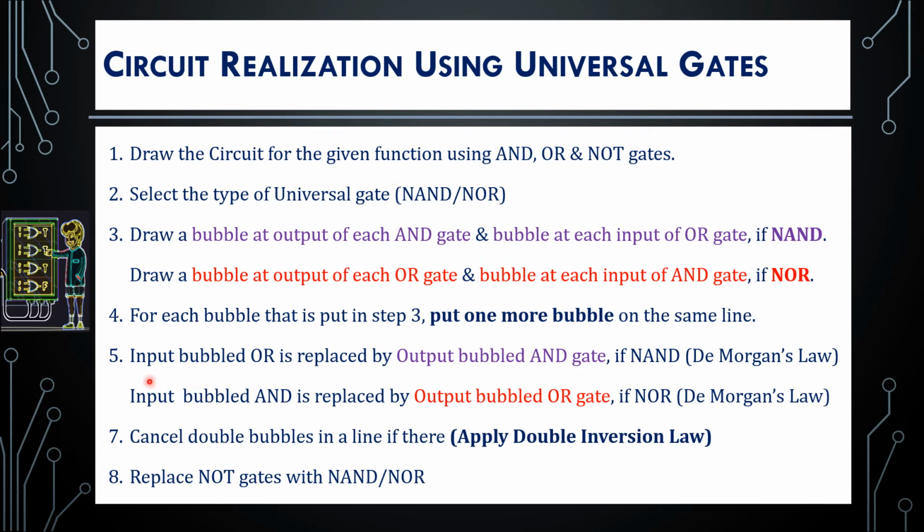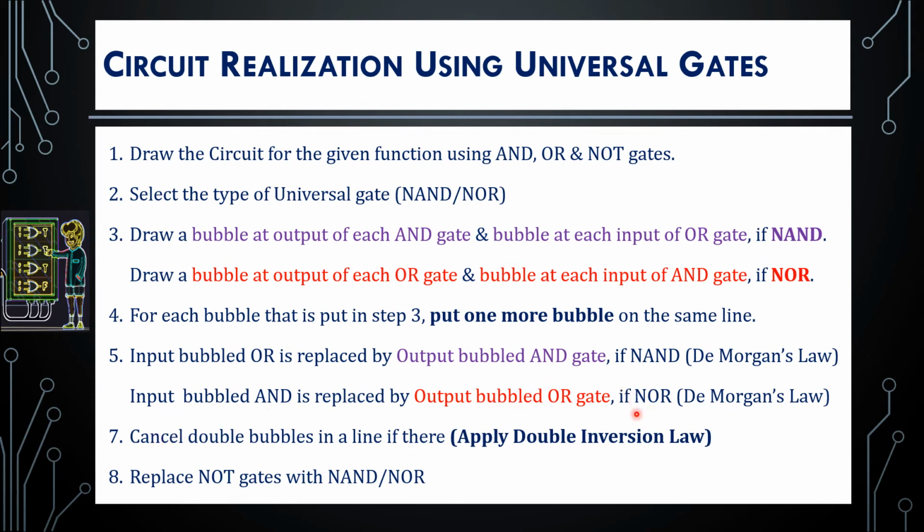Then in the next step we are replacing the input bubbled OR with NAND and the output bubbled AND with NOR, right? According to De Morgan's law, we are replacing the input bubbled OR with output bubbled AND and the output bubbled AND with NOR.